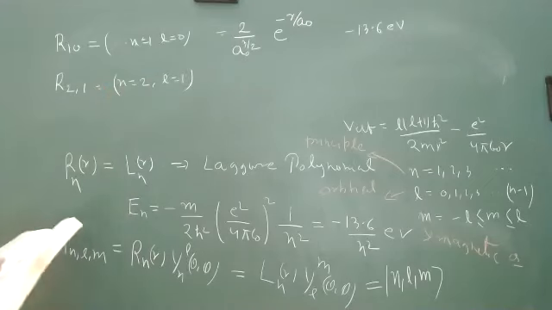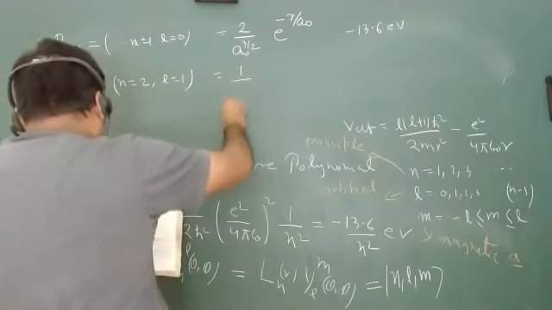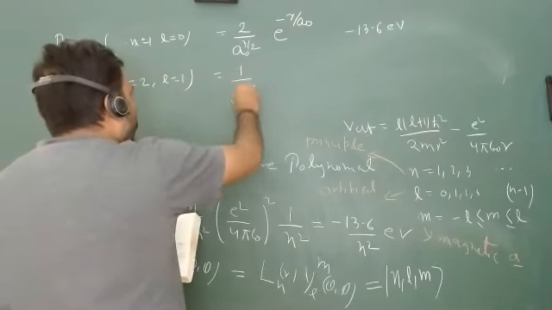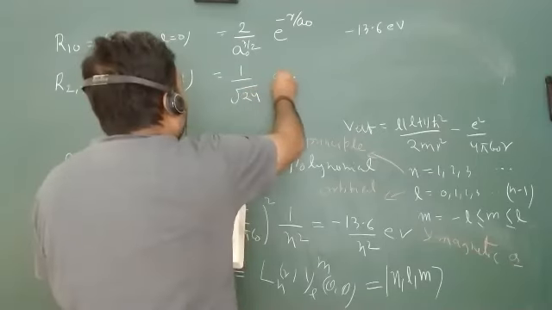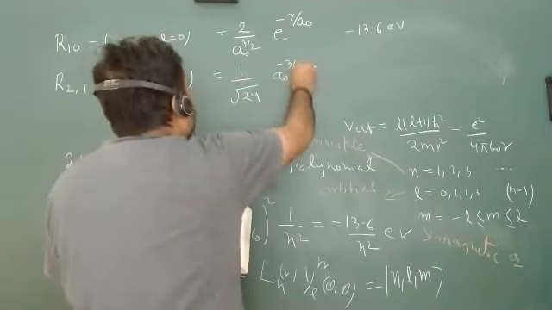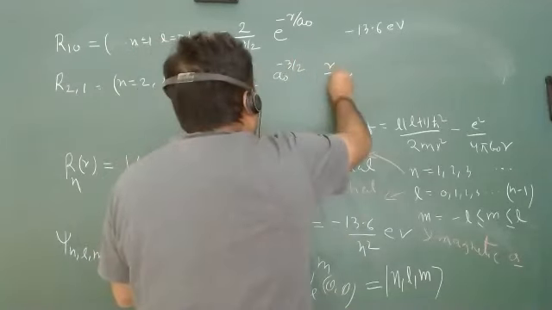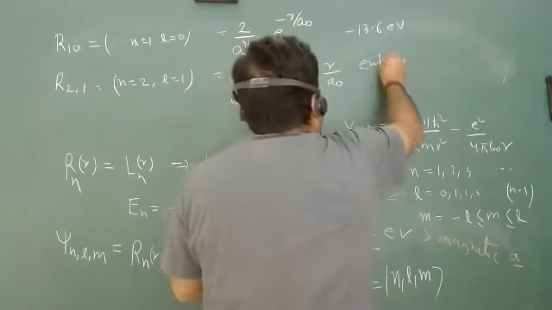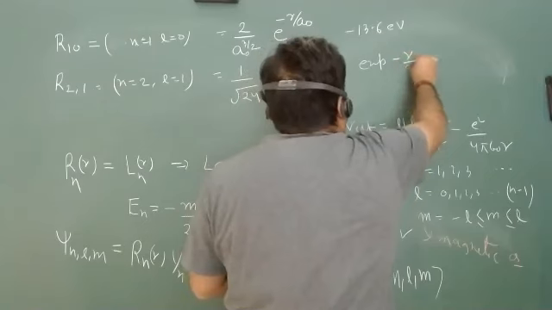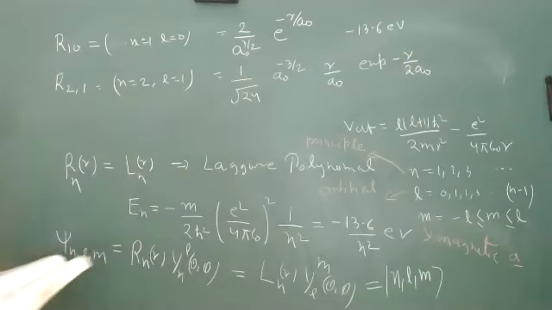What will be this value? This value is 1 upon 24, a naught to the power minus 3 by 2, r upon a naught, exponential minus r upon 2 a naught. So this is R21.